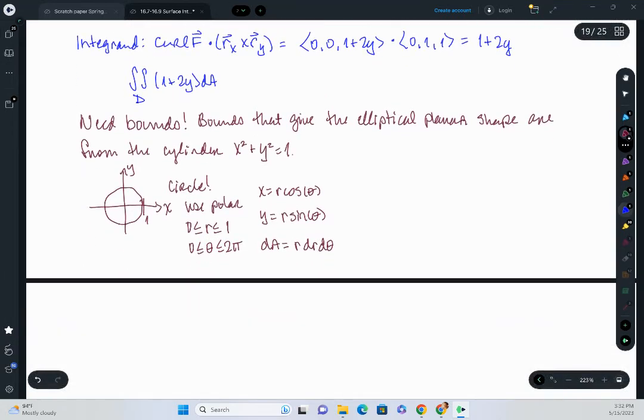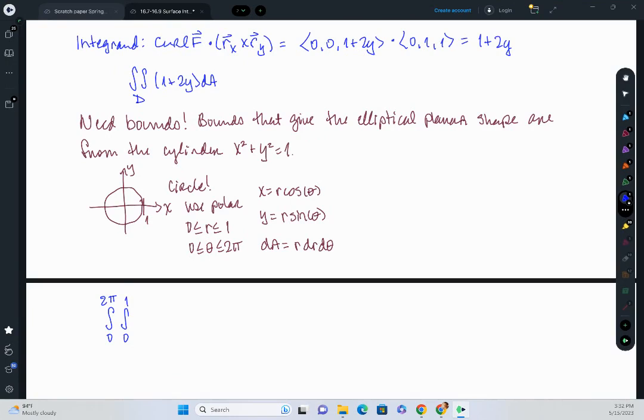So I'm going to take all those pieces and put them into my double integral up above. So going back to my double integral, I usually do my theta last, so I'll do 0 to 2 pi here. And I do my r first, 0 to 1. And then I have 1 plus 2y, which needs to be rewritten as 1 plus 2r sine of theta.